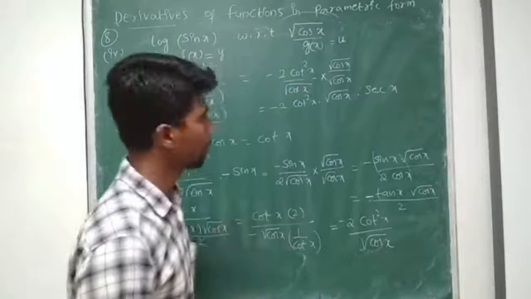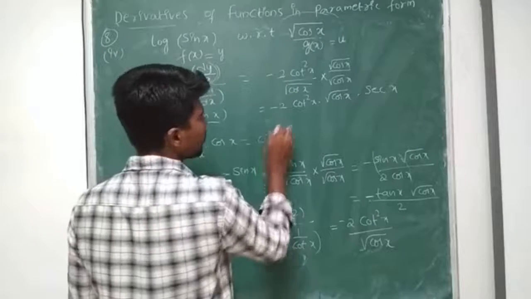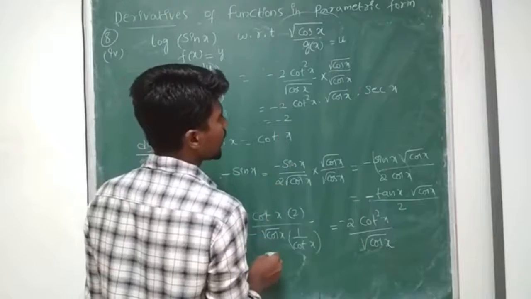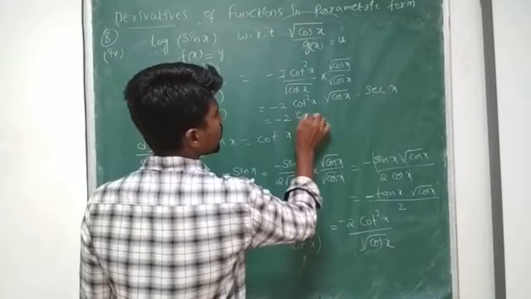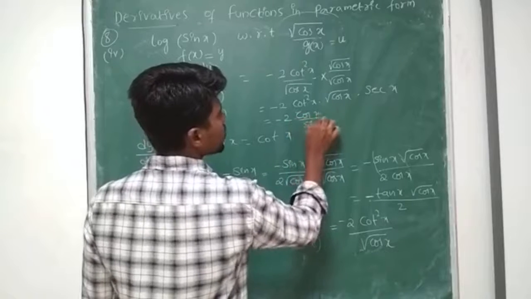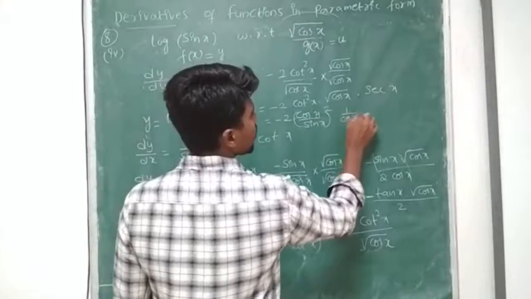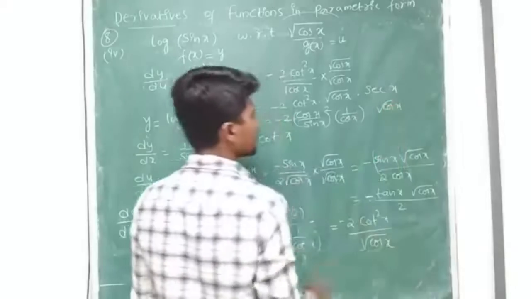secant x. We want our book's answer, so we simplify. Minus 2 into cot x can be written as cos x by sin x whole square into 1 by cos x into root cos x.